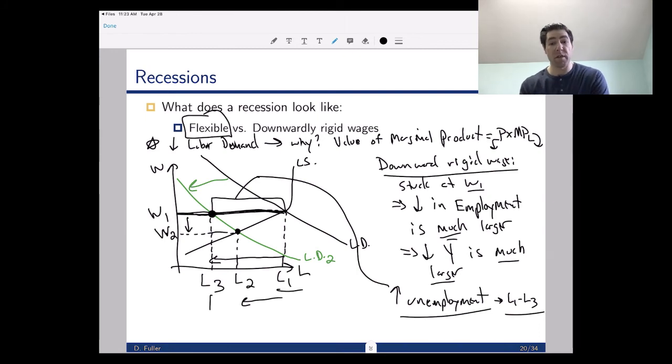That's my quantity of labor demanded: I only need one worker. So what can I do? Well, I could decrease both workers' wages by 50%. You both take home half as much, but you both get to continue working. Or I can lay off one worker and let the other worker maintain the current wage.